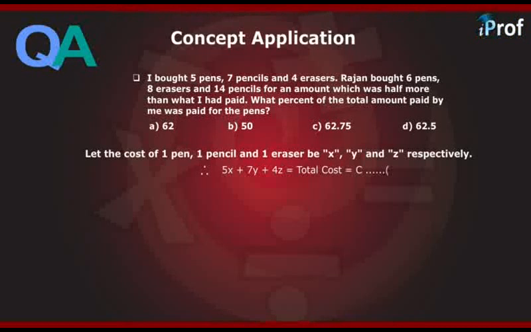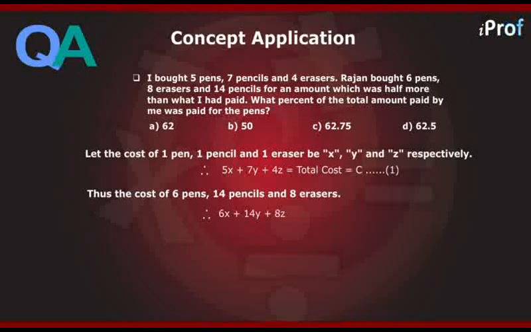Let this be equation 1. The cost of 6 pens, 14 pencils and 8 erasers is equal to 6X plus 14Y plus 8Z, which is equal to C plus C by 2, which is equal to 3C by 2. Let this be equation 2.